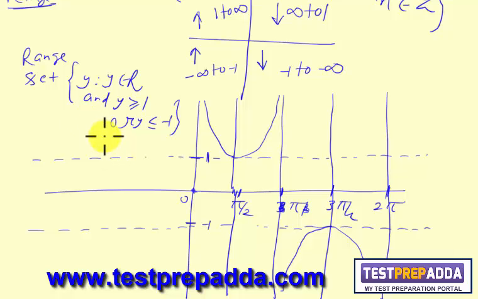Got it? Range is this. Now you can easily predict the period. What is the period here? Period is 2 pi. Got it? So here we discussed different graphs for different trigonometric functions.